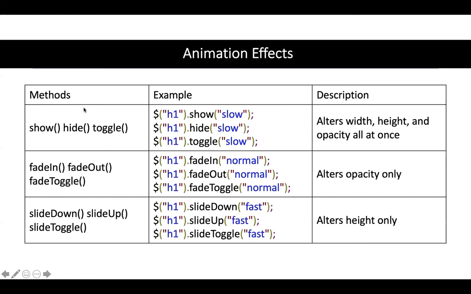I don't have the time to actually show it here, but jQuery essentially provides 3 ways to control visibility: show, hide, and toggle, which immediately display something or immediately hide it with no animation. So show immediately sets the visibility attribute to visible, and it shows it. Okay, and notice it says it modifies it all at once and does it slow.